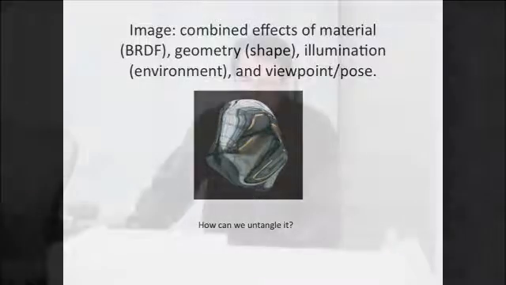All right, so an image is a bunch of pixels. How did those pixels come about? Well, suppose you're going to make a graphics model of this and render it. What do you need to know? You need to know the optical properties of the material. You need to know its shape. You need to know the illumination, which is to say all the stuff around it, which is going to cast light on it, and where you're looking at it.